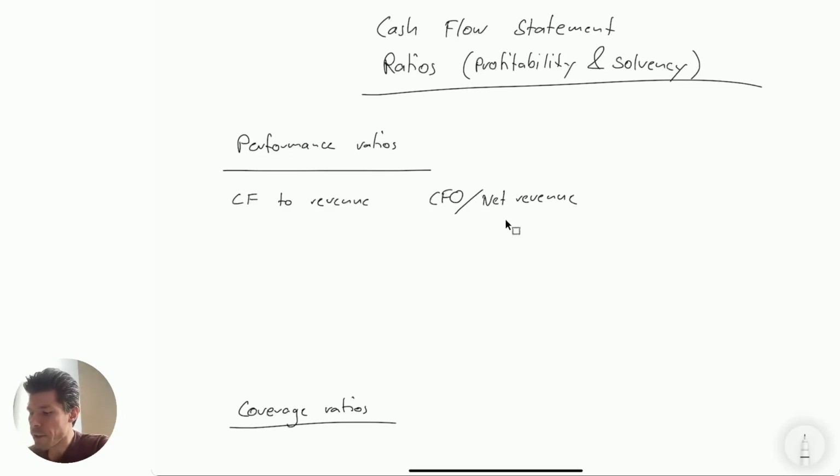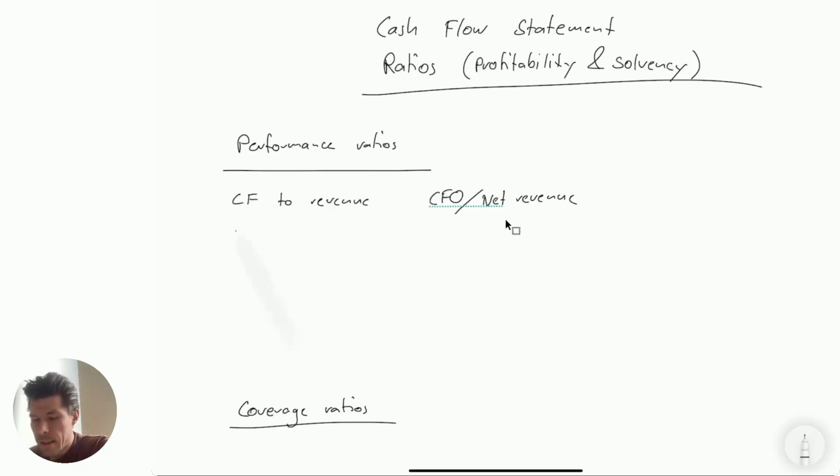Because we are talking about the cash flow statement, what we are doing here is trying to use the cash item. What does it measure? It's the operating cash generated per $1 of revenue. So if you put $100 net revenue in, how much CFO do you get out? That's what it tells you.